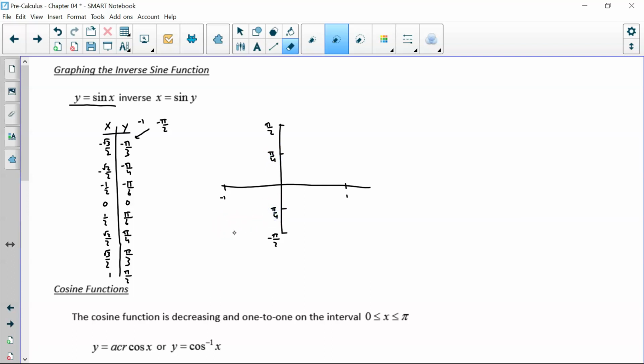So I'm not going to spend a whole lot of time on this. So what happens is you're just going to look like this. When you throw your values on, the inverse looks like this. Really, we're just switching those inputs and outputs.